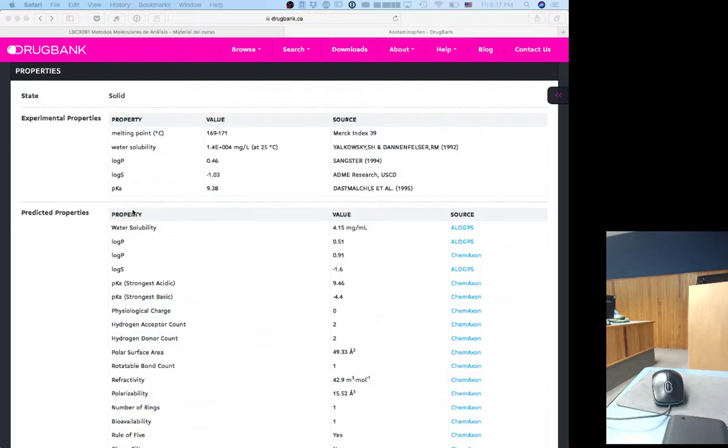Here is the pKa of the nitrogen again, and a couple of values that are important for drug design and some other calculations, such as physiological charge. Who understands what that means just by reading physiological charge? What's the charge inside the body? Yes, but what does that mean inside the body? In terms of pH, for example, as the pKa would predict, right?